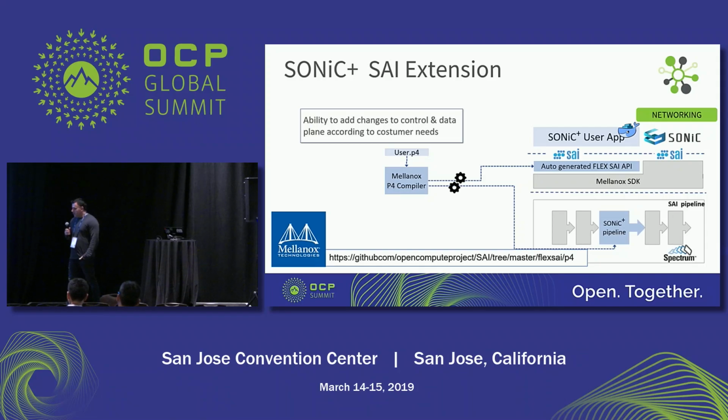Next one is a bit more complicated. And it is the ability to actually customize or extend the data plane itself. But it is not enough to extend the data plane. We need to actually extend the SI API as well.